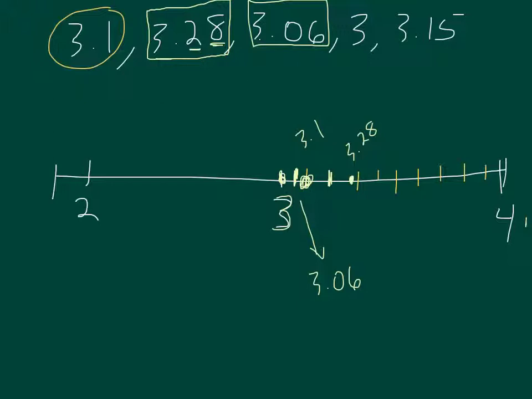So that would be go to 3.1, and then you go halfway between 3.1 and 3.2 would be 3 and 15 hundredths.